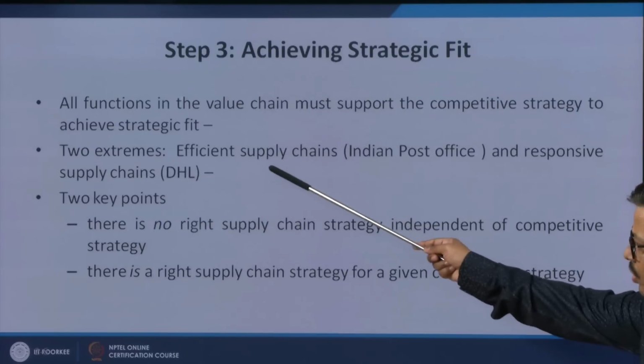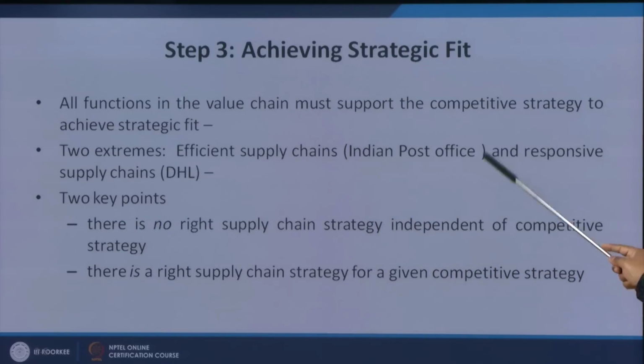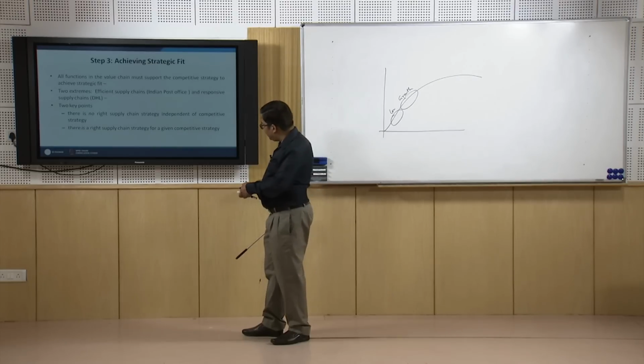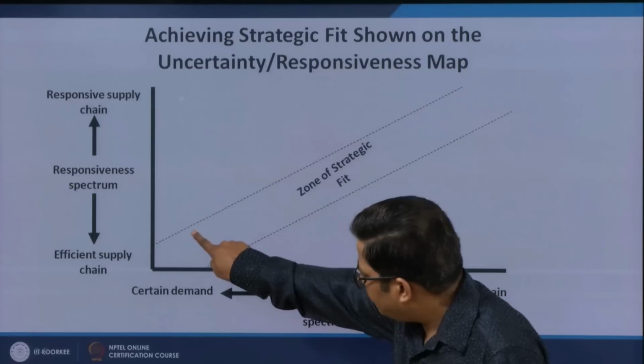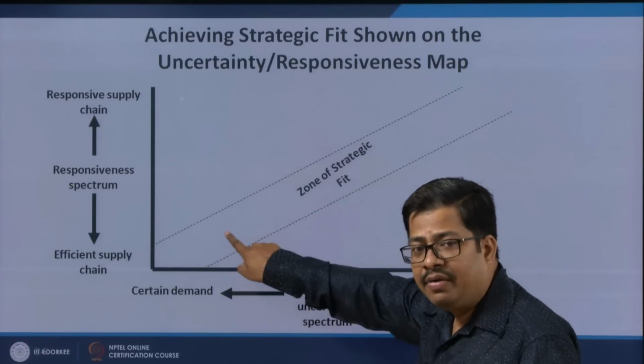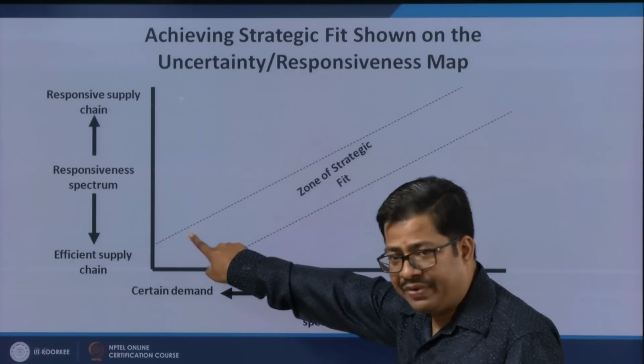One is the example of post office, which is a very efficient supply chain, and second is the example of a very responsive supply chain, that is DHL. So you can see, if I can point out that somewhere here we have the Indian Post Office.